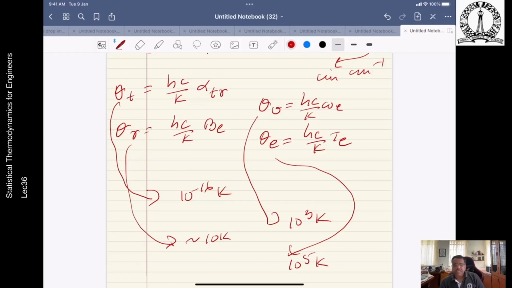The vibrational and electronic modes become operative when the temperature is considerably above 300 Kelvin, which is the room temperature level. So in the next class, we are going to look at some of these things in a little bit more detail. There we will try to see how these temperatures can be used for calculating the thermodynamic properties. Thank you.